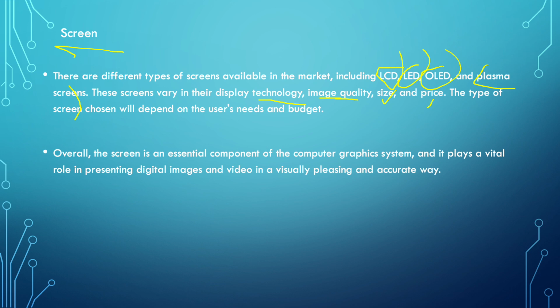The type of screen chosen will depend on the user's needs and the budget. Overall, the screen is an essential component of a computer graphics system, and it plays a vital role in presenting digital images and videos in a visual and accurate way.